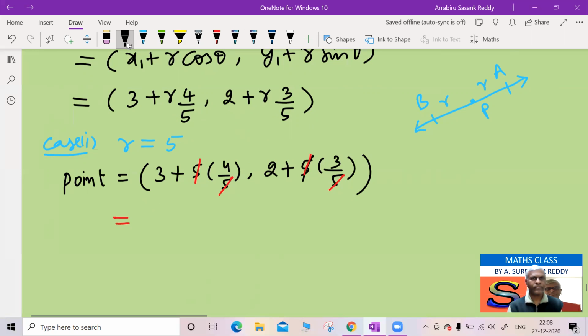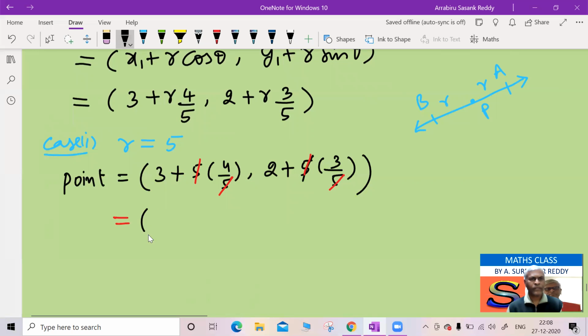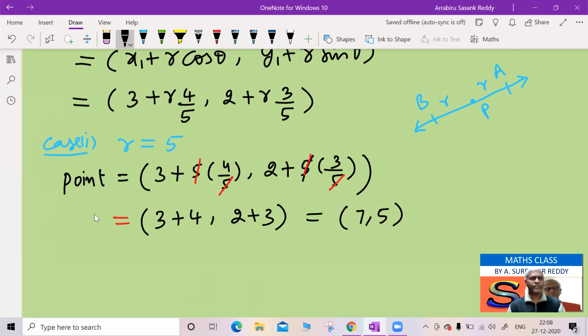Simplifying, 3 plus 4, 2 plus 3, so that is 7 comma 5 is one point. Let us call it A, 7 comma 5.